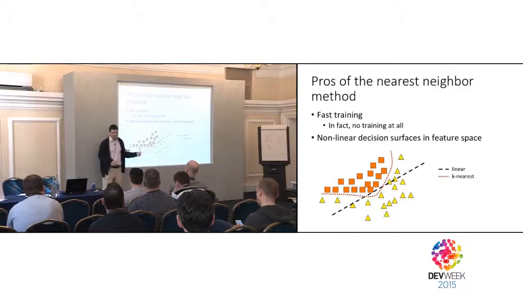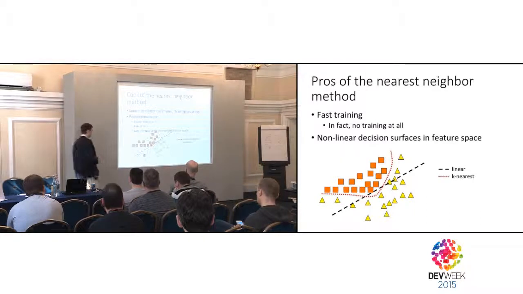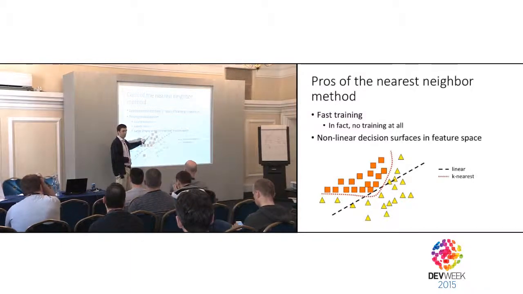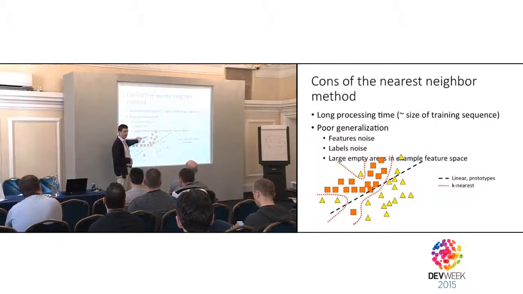That's problem number one. Problem number two is that this method is very unstable if we have some errors in data. For example, we made a mistake in the label of a training sequence element. In this case, any point which is close to this incorrectly labeled example in the training set, which can happen quite easily in reality, would be classified incorrectly.